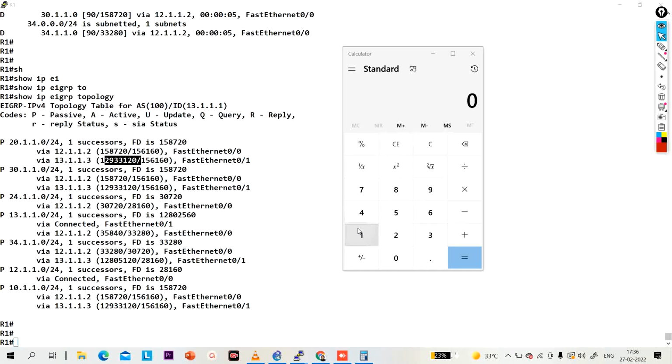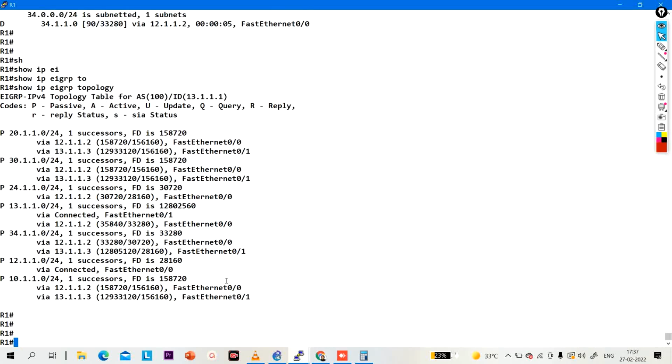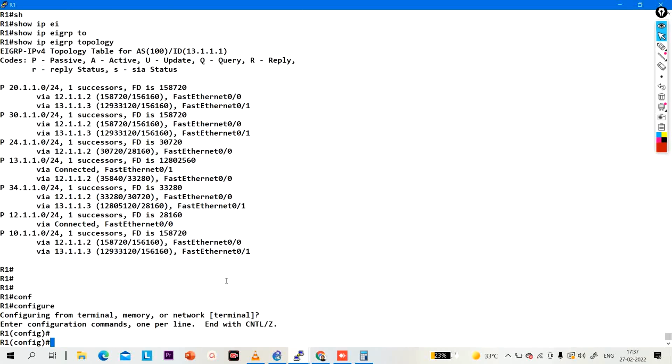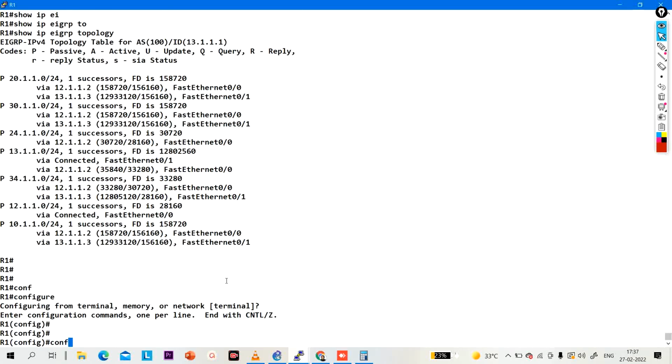So 129333120 divided by 158720. What value am I getting? 81. If I set variance 82, then this router will perform unequal cost load balancing.